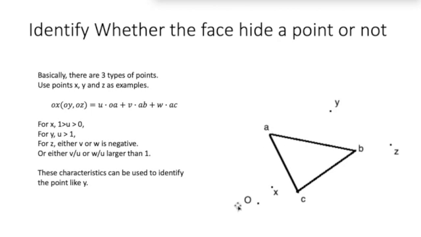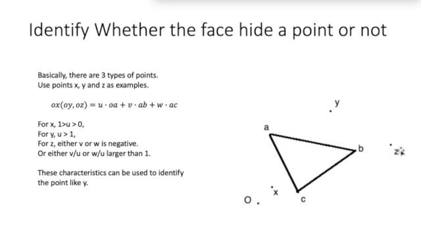I connect the OA and then use OA, AB, AC to find the linear combination relationship for the OX, OY, and OZ. For the type of OX point, the U is less than 1 and larger than 0. For Y, which is directly above the face, it is larger than 1.